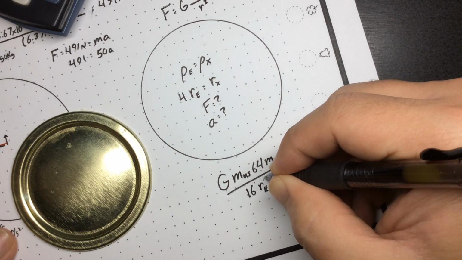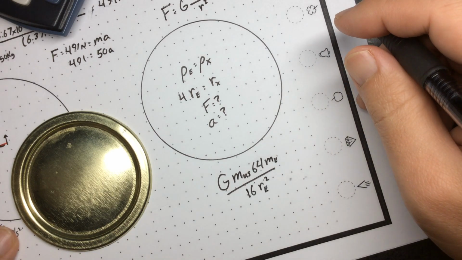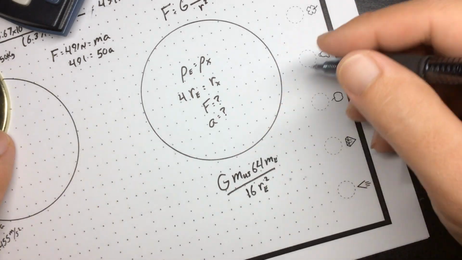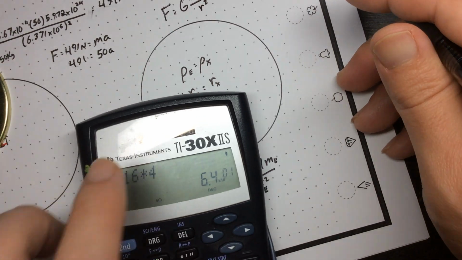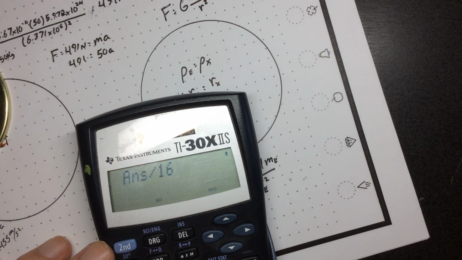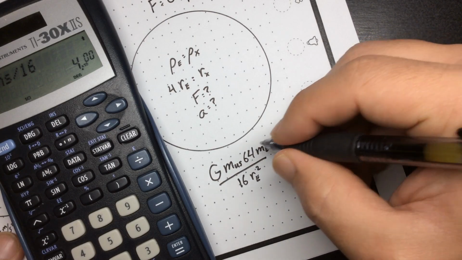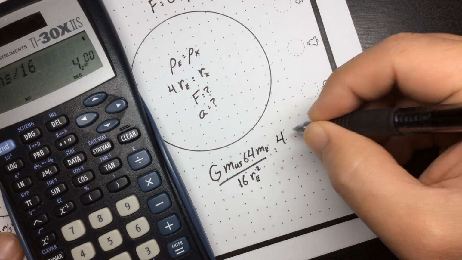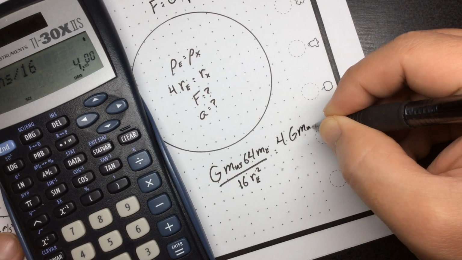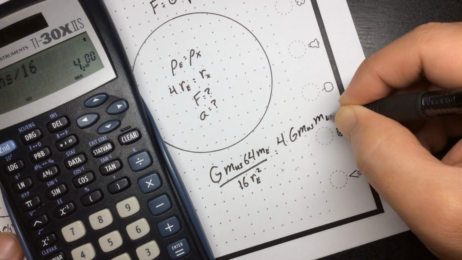Radius of Earth squared. So, as we just did with the calculator, 64 divided by 16 is going to be 4, correct? So it turns out that 64 divided by 16 is 4. G, M us, M Earth is still there.